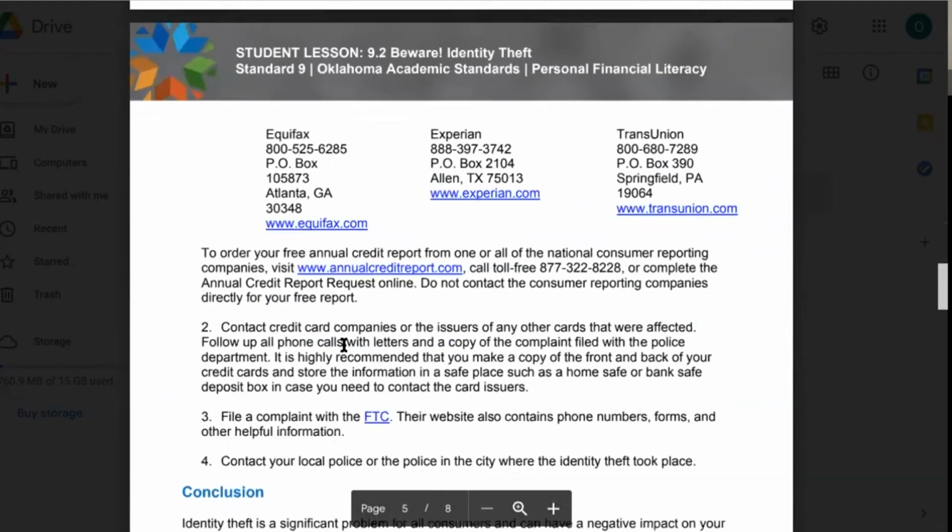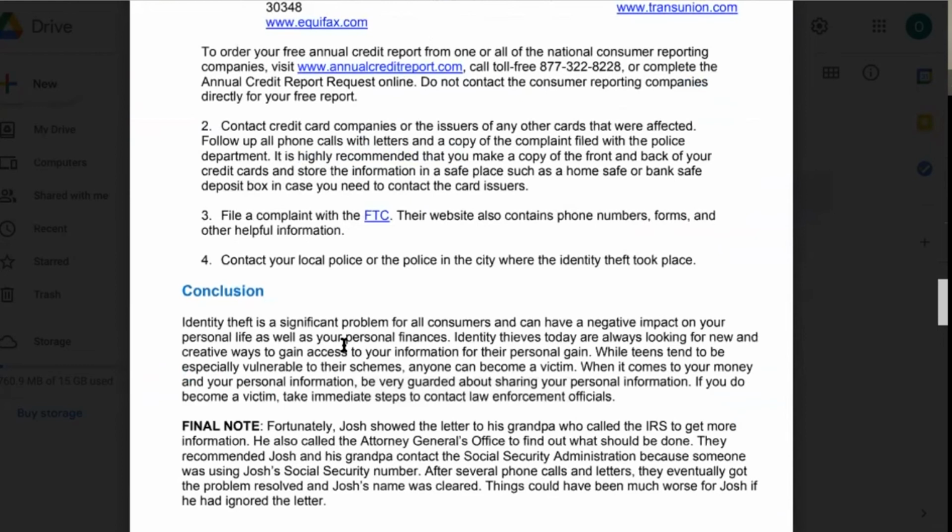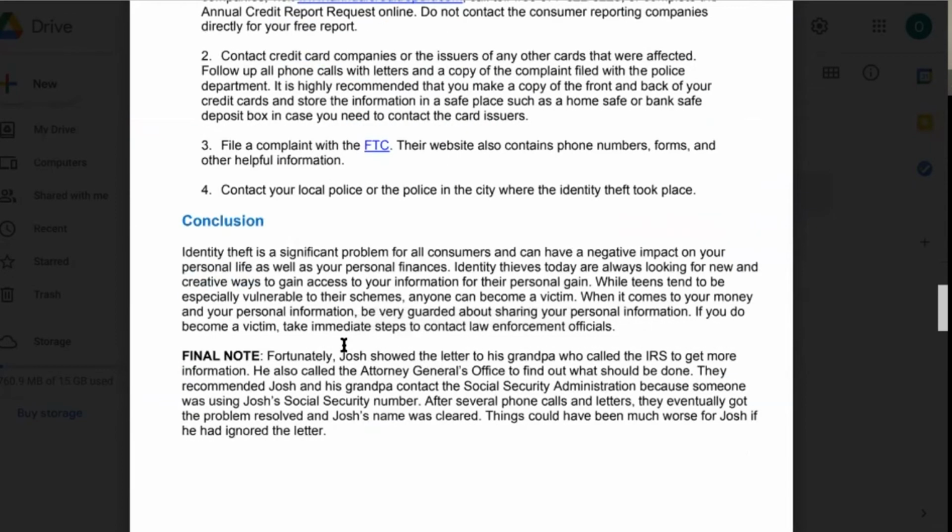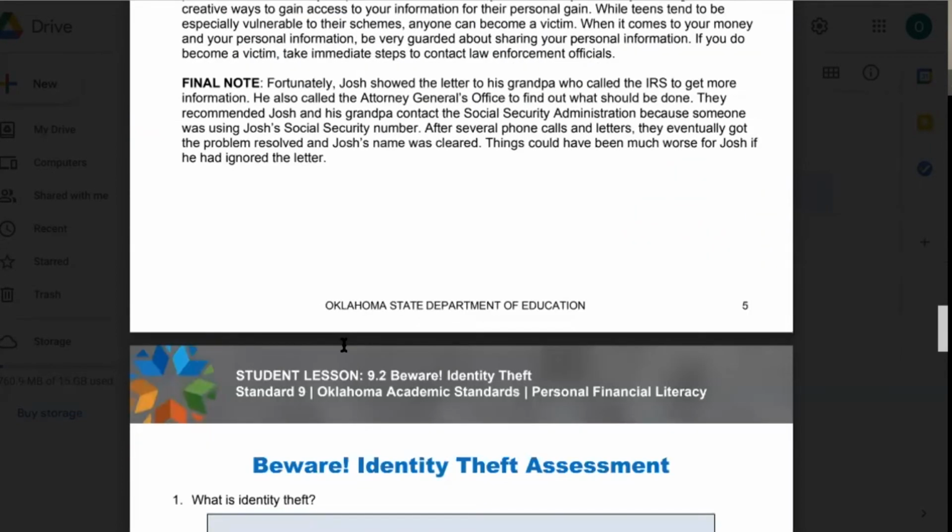So again, it's a significant problem, and it's so important that we talk to our students about it and that they know the complexities of it, but also how simple it is, just protecting your information and being aware. And the other thing is, it's most likely going to happen at some point in everyone's life. It's so prevalent, so be ready for it and prepared. It's not if, more of when it's going to happen.